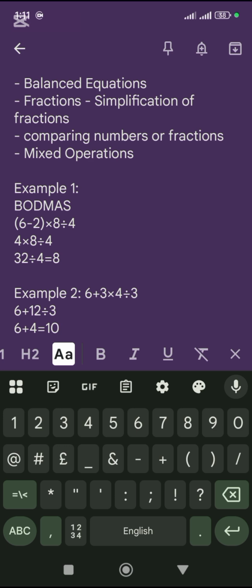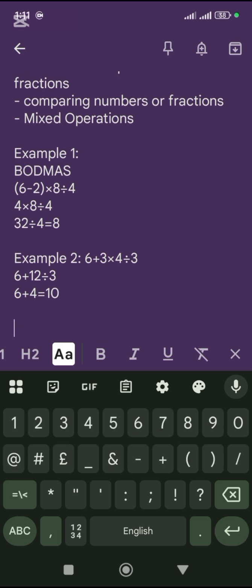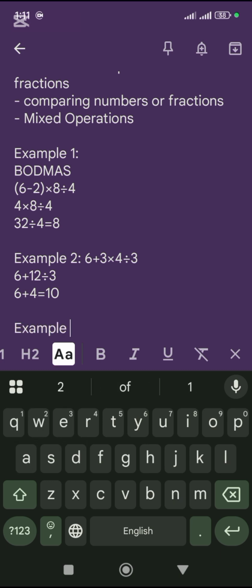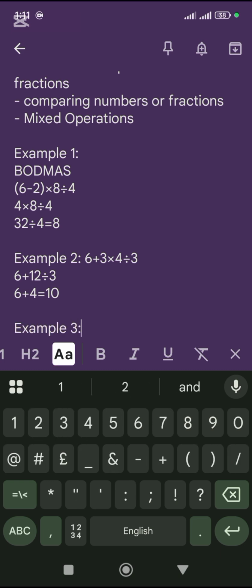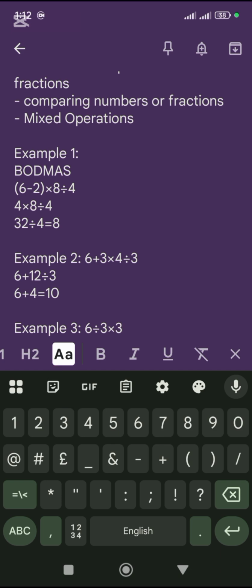Let's take another example, a very similar example. This will be example 3, and I think the last example. 6 divided by 3 times 3 minus 4 plus 2.